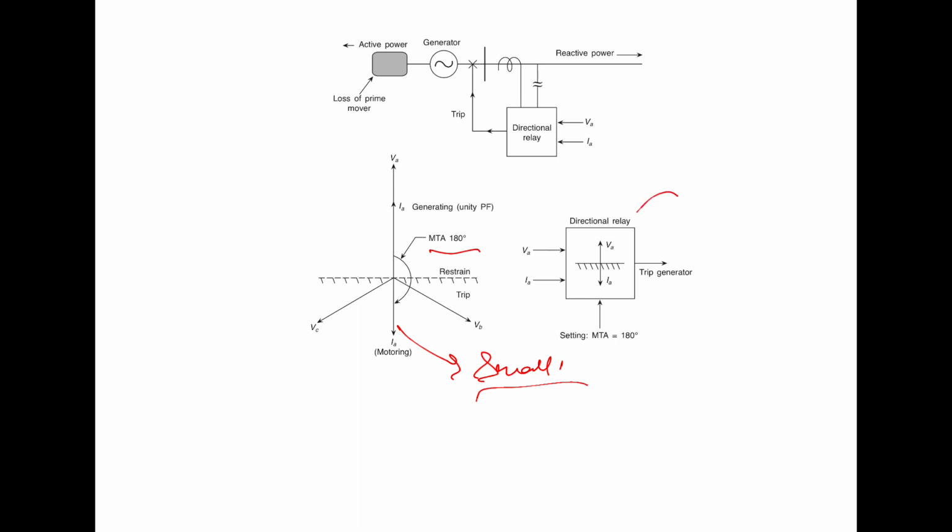So for that, we will have the directional relay with the MTA of 180 degrees. We have VA, IA and trip to the generator, and here the MTA in this case is 180 degrees. When it is working as a generator, and let us suppose that loss of prime mover occurs, then in that case it is taking IA opposite from the grid, but the value is very small because the real power taken is less.